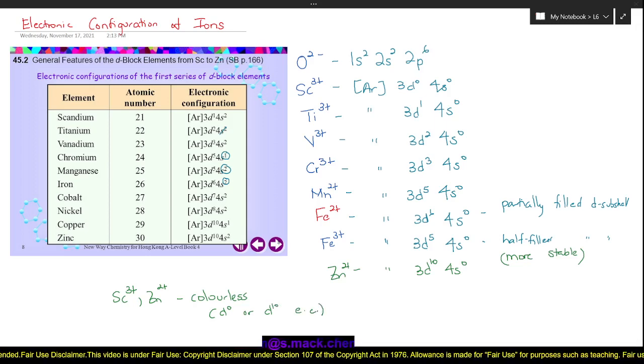So Sc3+ and Zn2+ tend to form colorless compounds. We'll look at that later on in another topic. For now, this is the electronic configuration of some transition metal ions.